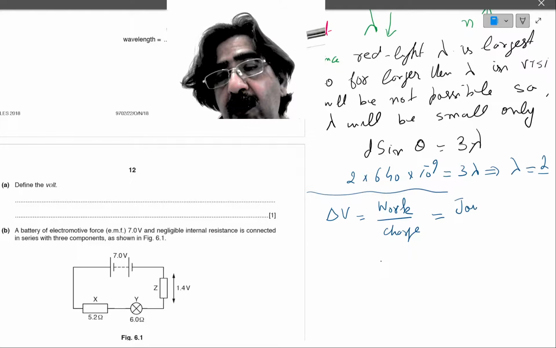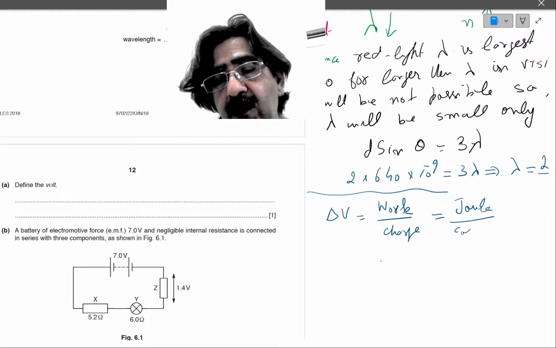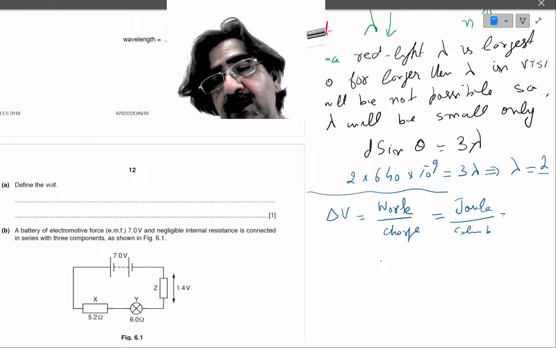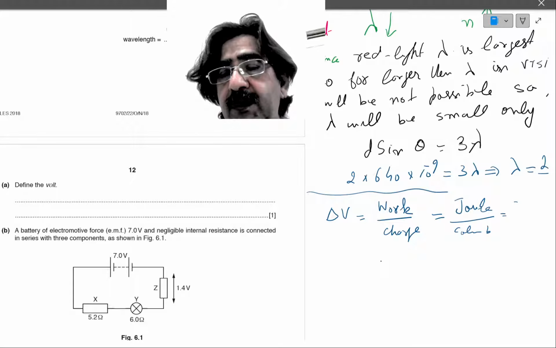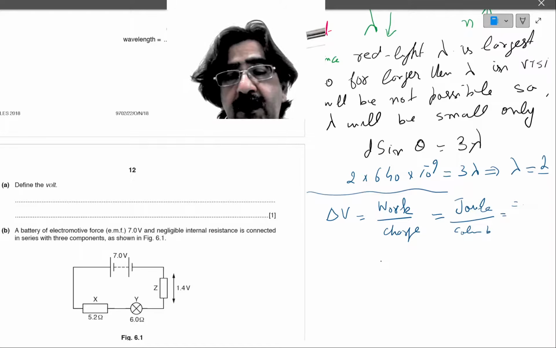So this is joule per coulomb. Okay, joule per coulomb will be the answer.